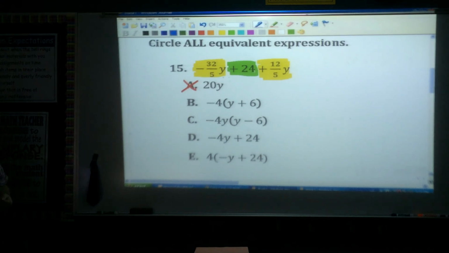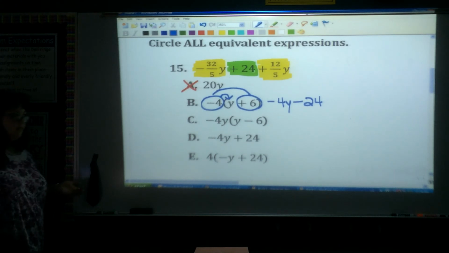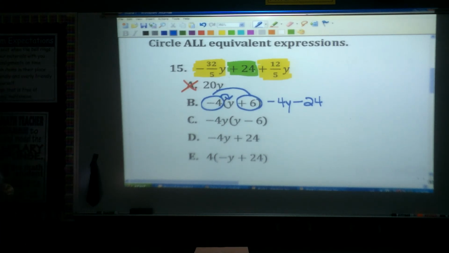Option B, I have negative 4 times y, which is negative 4y, and I have negative 4 times positive 6. That's negative 24. Again, I need a positive 24, not a negative 24, so I can eliminate that option. Now let's look at the next one.